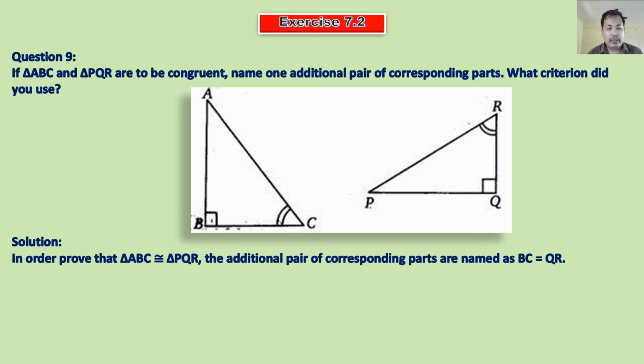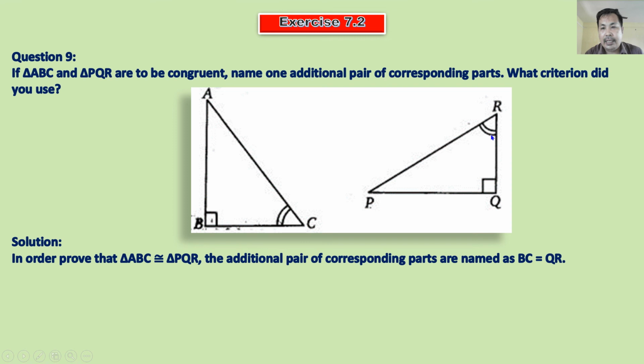In order to prove that triangle ABC is congruent to PQR, the additional pair of corresponding parts are named as BC and QR. BC and QR are the additional parts to take to prove these two triangles are congruent. For example, you see angle B is equal to angle Q, already given in the diagram, in the question itself.